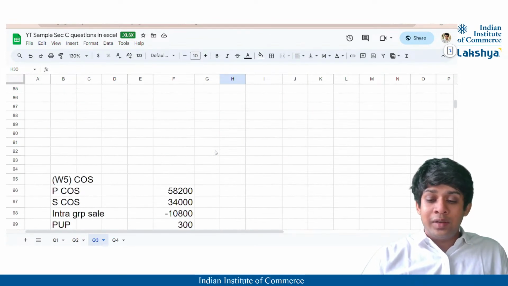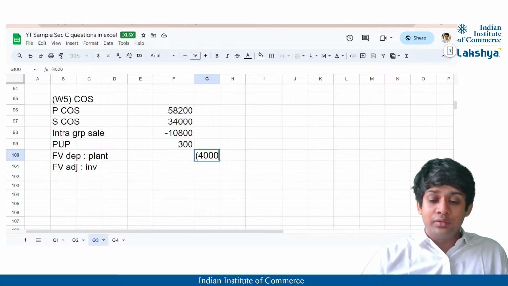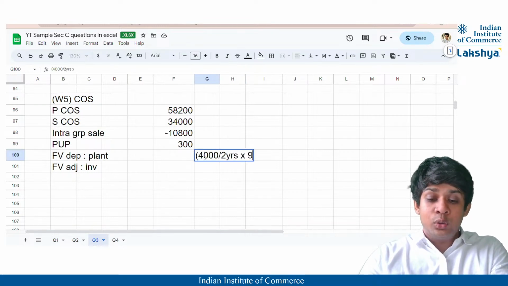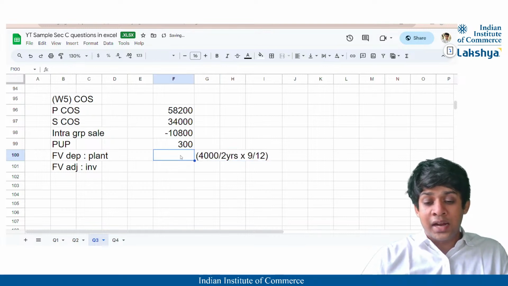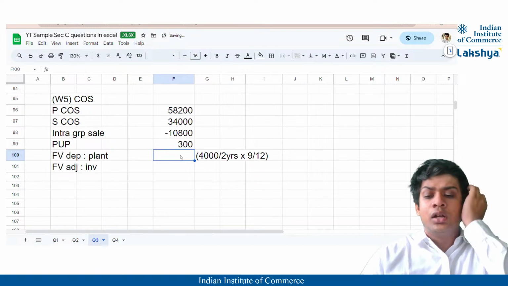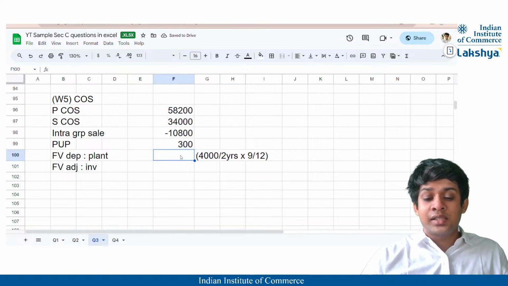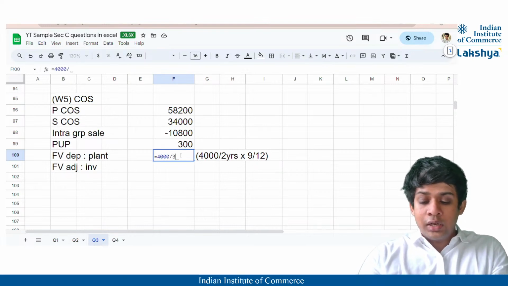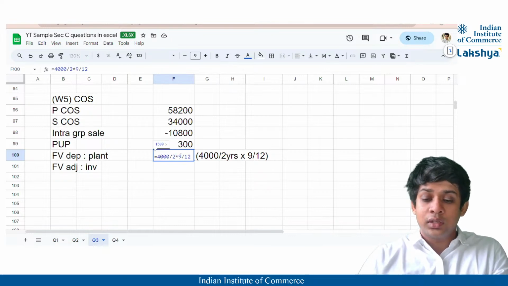So it will be nothing but 4,000 divided by 2 years of depreciation. Always remember, into 9 divided by 12. Depreciation is charged only for 9 months because after that, at the date of acquisition, the fair value depreciation came into existence. So since then only 9 months has passed by the reporting date. So it will be nothing but 4,000 divided by 2 years into 9 divided by 12.